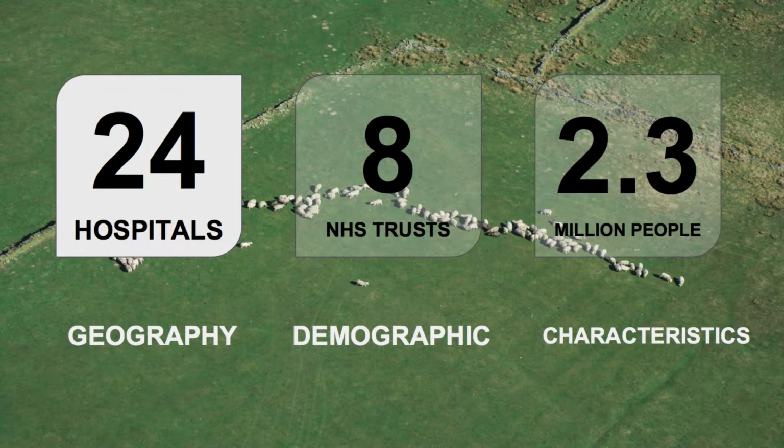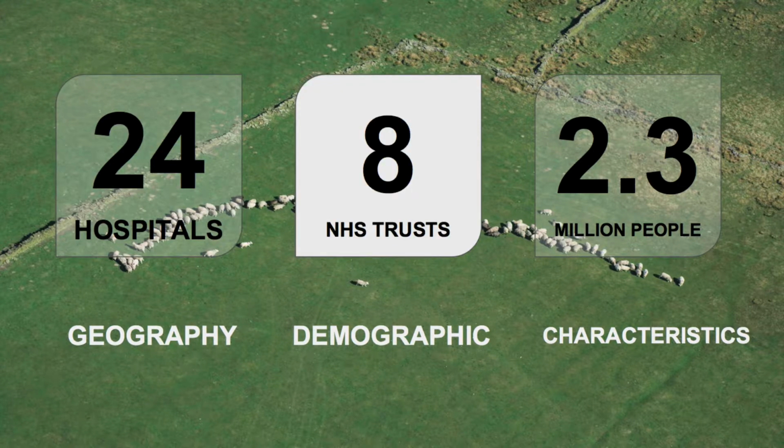So thinking about what these areas have got in common and how they differ. Well, we've got 24 hospitals widely distributed, as we've seen, and they've all got different geography. They are organised into 8 different trusts covering different patient demographics.